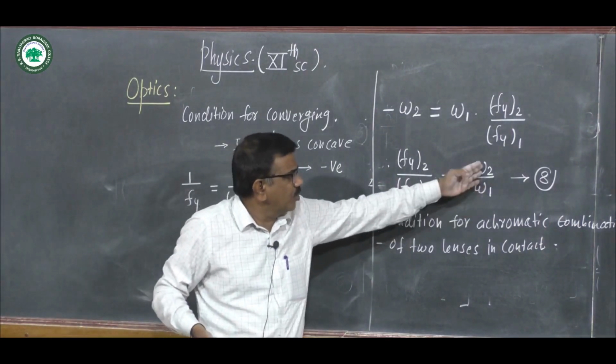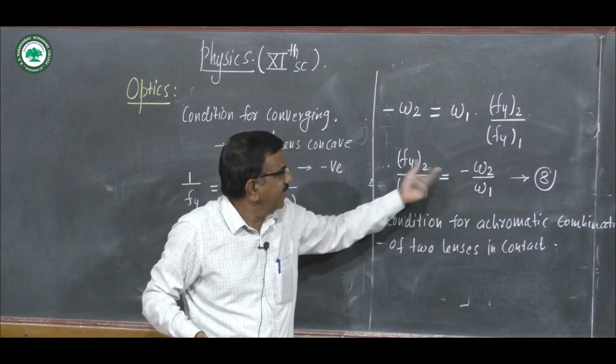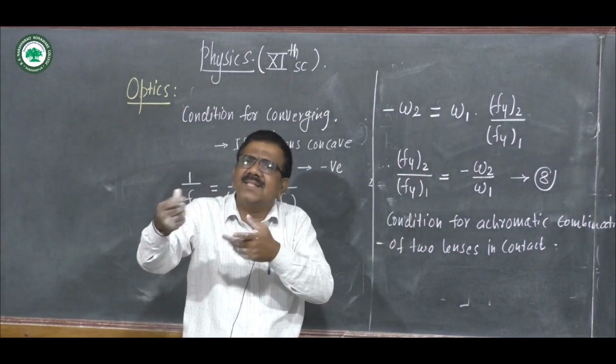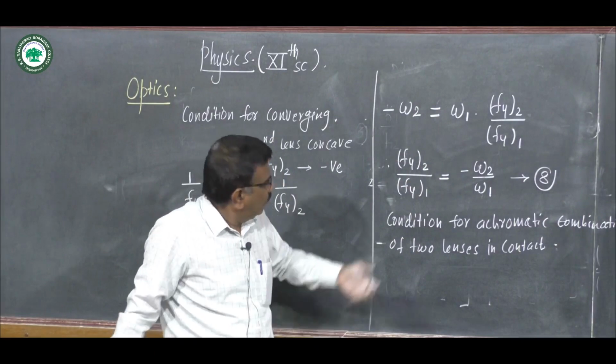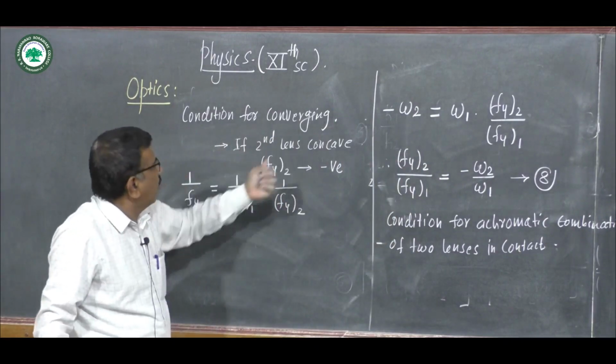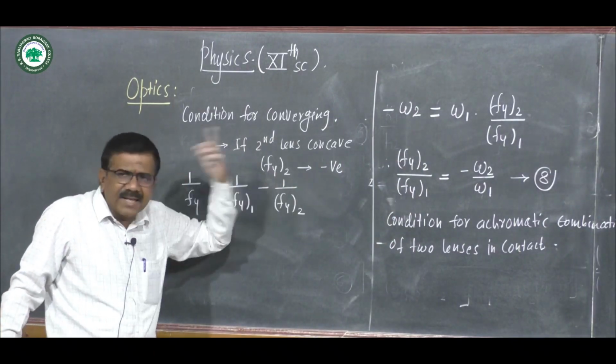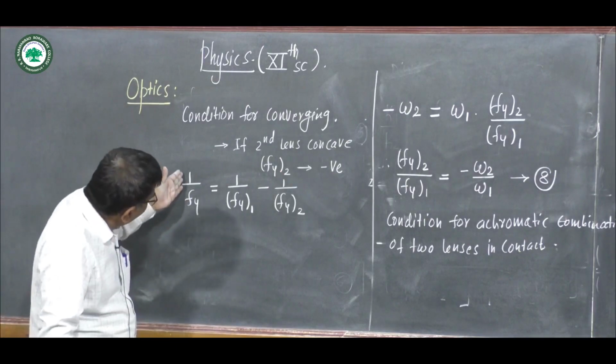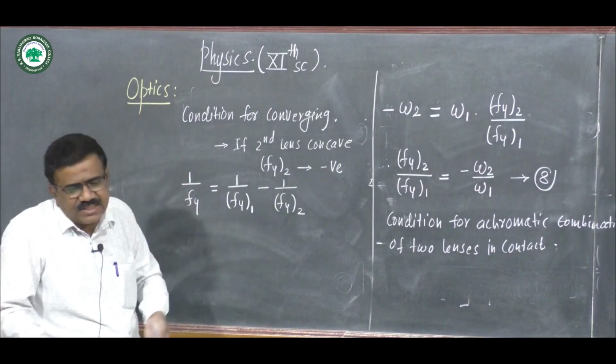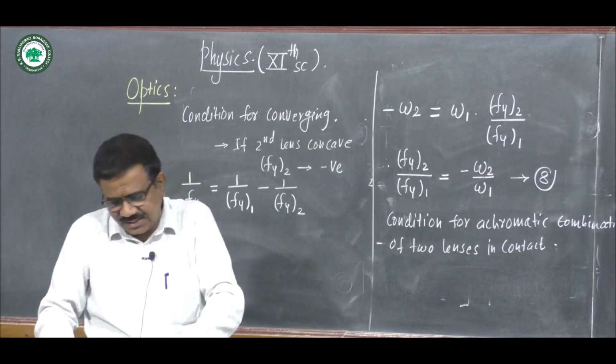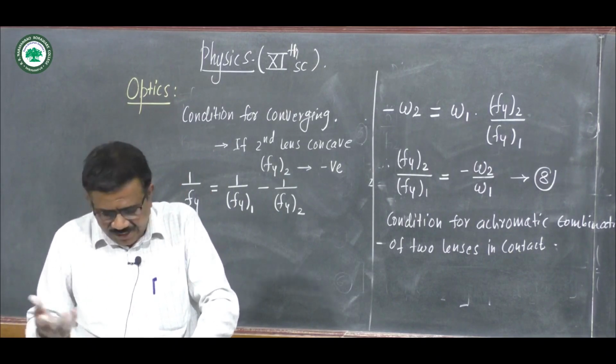Dispersive power is always positive. This negative sign indicates that one lens is convex and the other is concave. We consider the second lens is concave, so its focal length is negative, and our equation 4 will be like this: 1 upon Fy is equal to 1 upon Fy1 minus 1 upon Fy2.